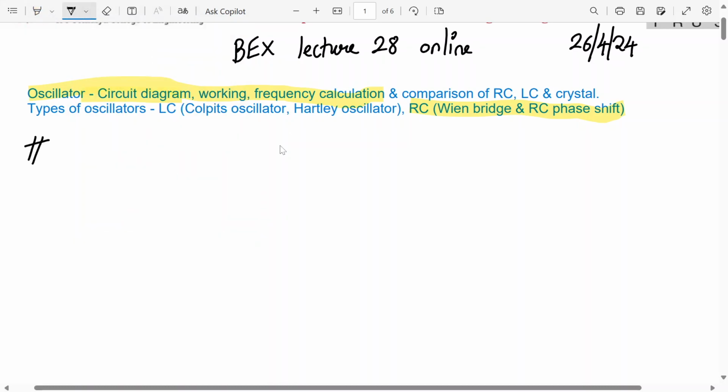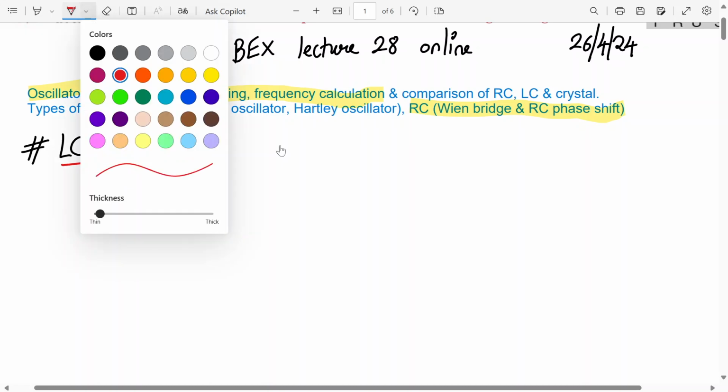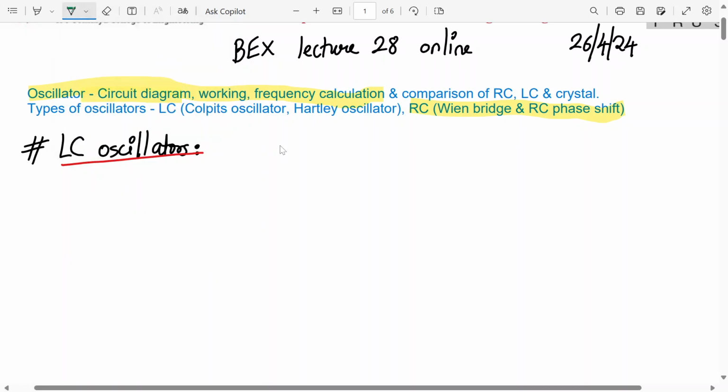So yeah, write down LC oscillators. A word or two on LC oscillators, and then we'll move on to how the LC tank circuit produces oscillations. So let us write.